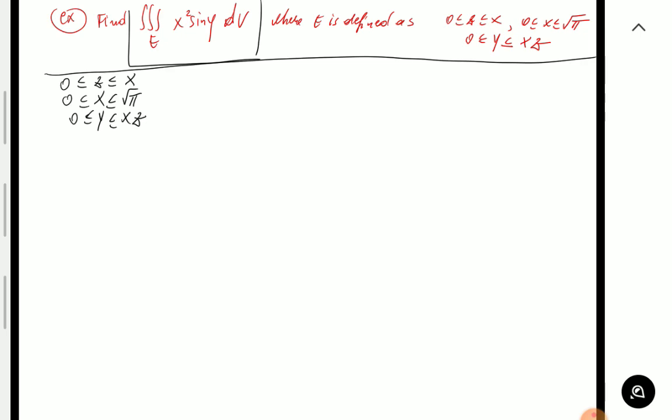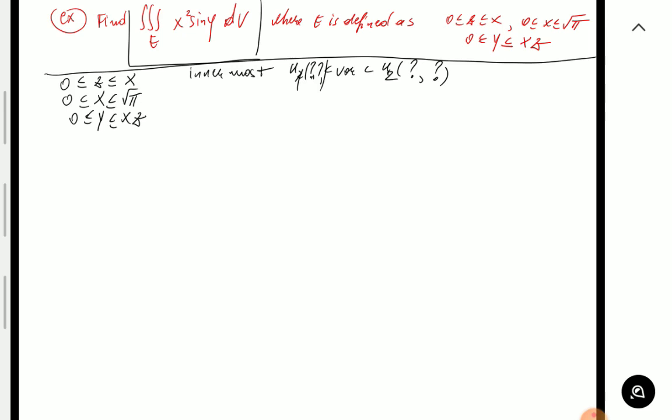So remember, in Fubini's theorem in this case, one of the advantages is that you don't need to sketch anything. Once the bounds are provided, you can go straight to the actual integral. Just make sure you put the bounds of the integrals in the correct order. So the innermost integral, remember, needs to have a variable between two functions of the other two variables, like that, u1 or u2.